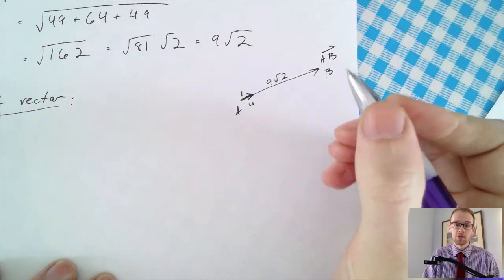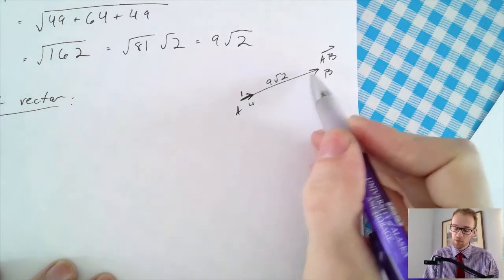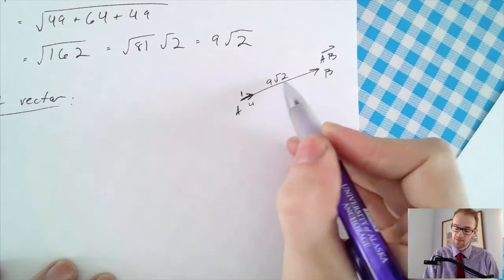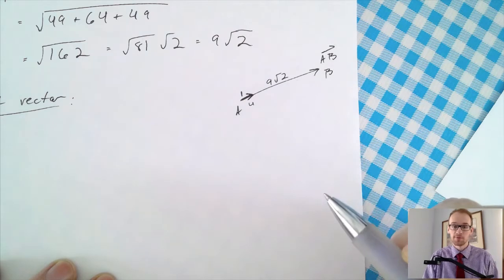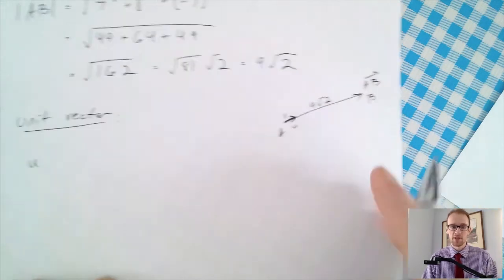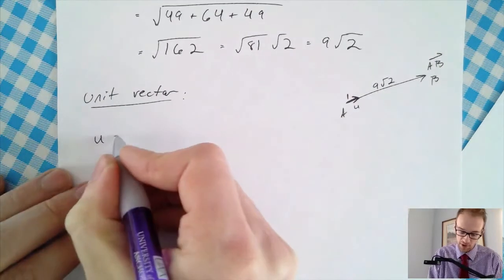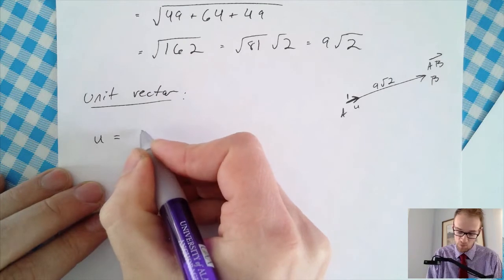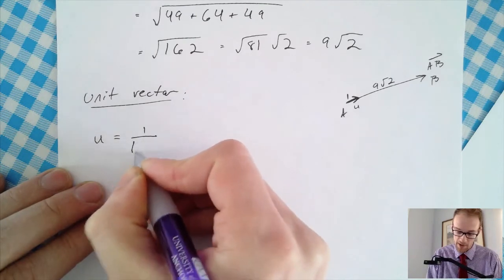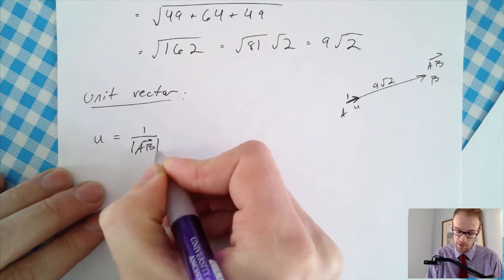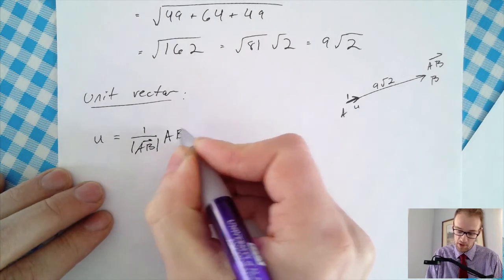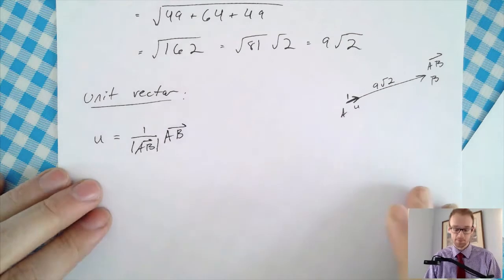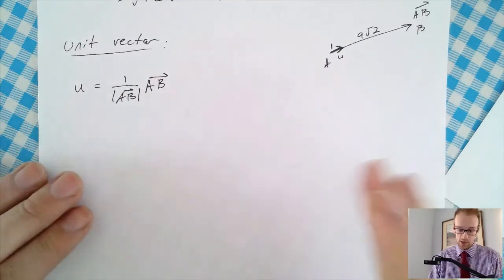So it would be like taking all the components of our vector AB and dividing them by 9 root 2. That would give us our components for U. Okay, same thing with 2D, but this time in 3D. So the formula is just to take 1 over the magnitude of vector AB and times that by our vector AB.